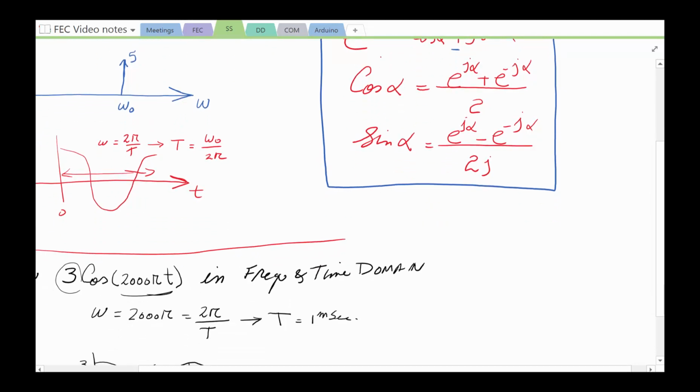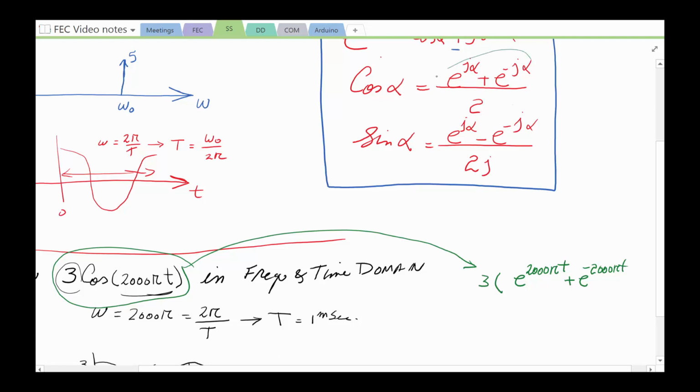We can grab this signal and rewrite it as 3 times e to the j 2000 pi t plus e to the minus j 2000 pi t, again leveraging Euler's identity, divided by 2.